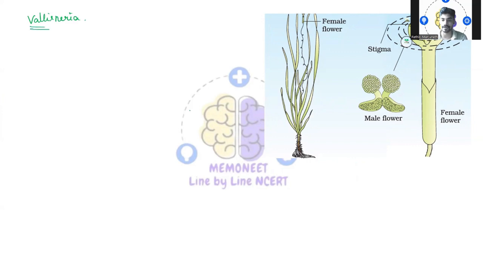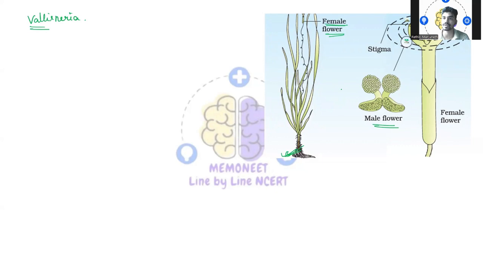In Vallisneria, as you can see in this figure, the female flower normally reaches out to the surface of the water by a long stalk. And the male flower also reaches the surface of the water, as you can see.